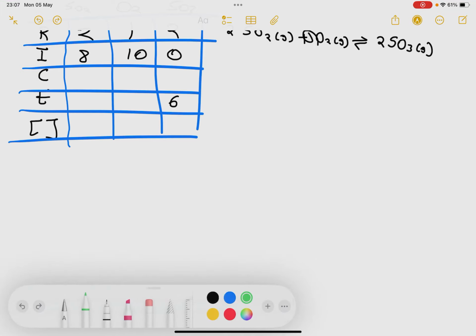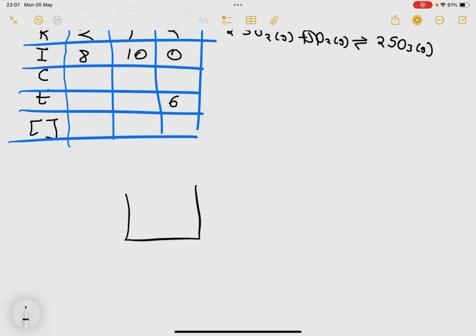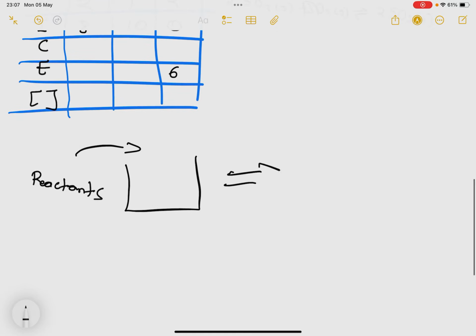When we start, we started with what? We started with reactants, right? And then what are we ending with? We end with products, right? Now I want to tell you something, guys. This is really important. On any chemical reaction, right?